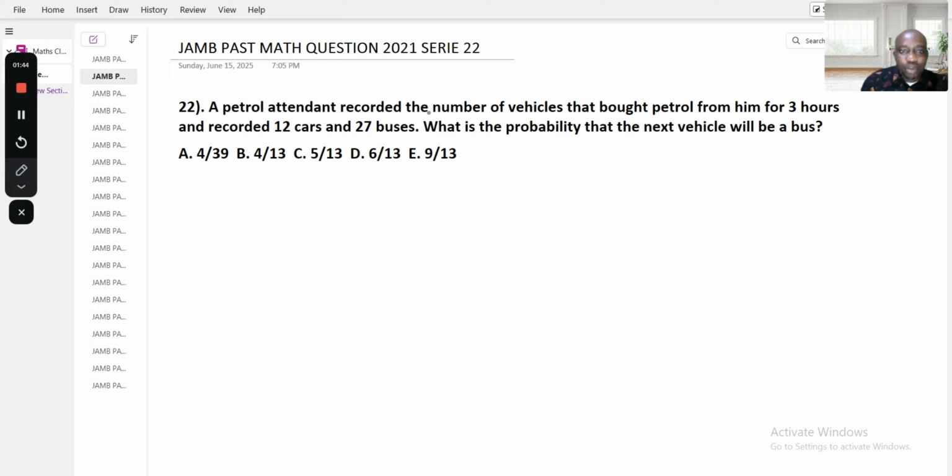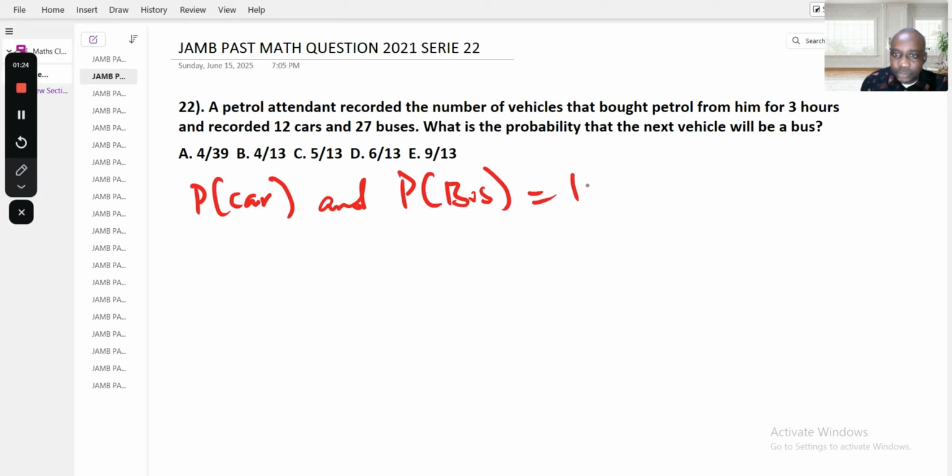Now, let's add the number of the cars and the buses together, the total for cars and buses. 12 plus 27. 7 plus 2, 9. 2 plus 1, 3. The total is 39.